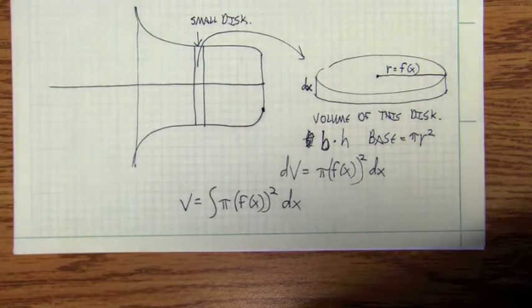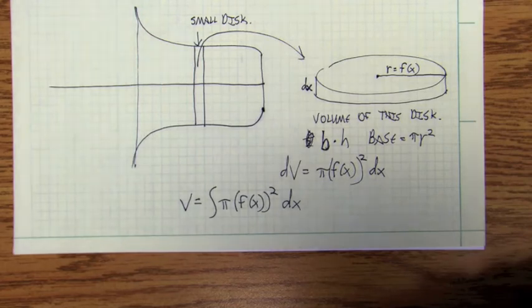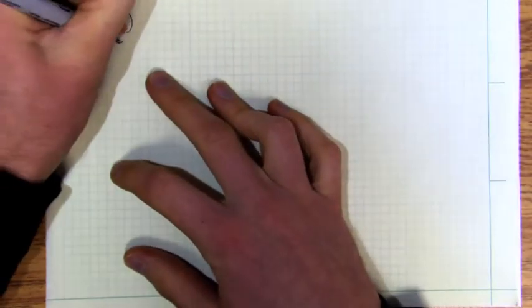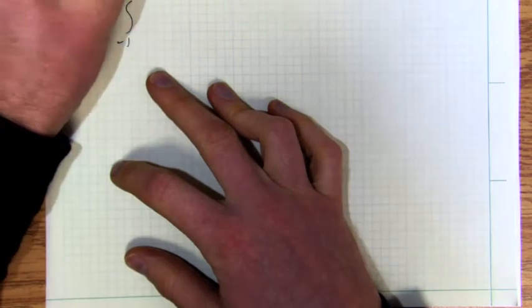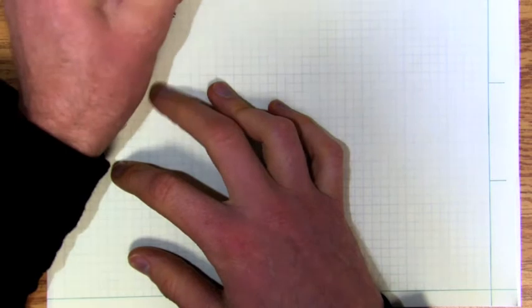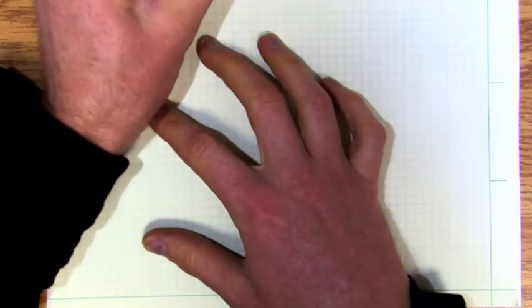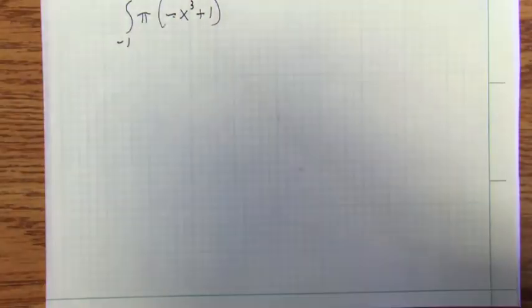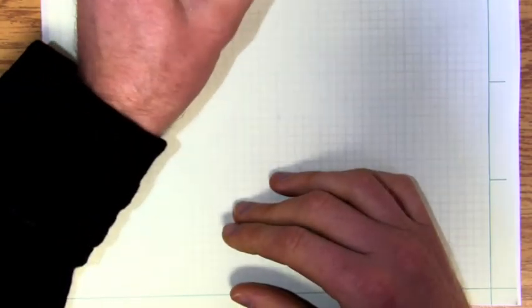So in this case, I've got the integral from -1 to 0.7 of pi times negative x cubed plus 1, that's what I was using to generate that vase, squared dx.